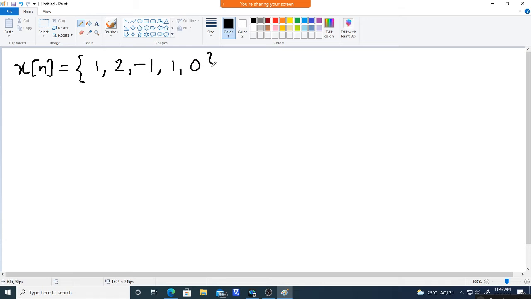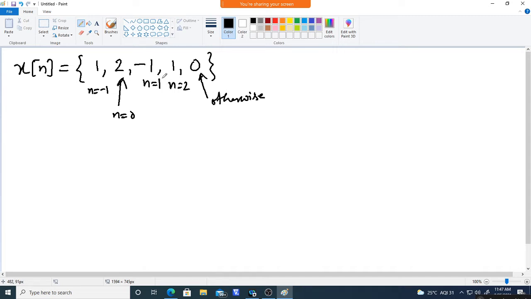So these are the sequence. The 0 value is here, so n equal to 0 is here, and this is n equal to minus 1, n equal to 1, n equal to 2, and 0 otherwise. Only these 4 values exist, from minus 1, 0, 1 and 2, and 0 elsewhere.